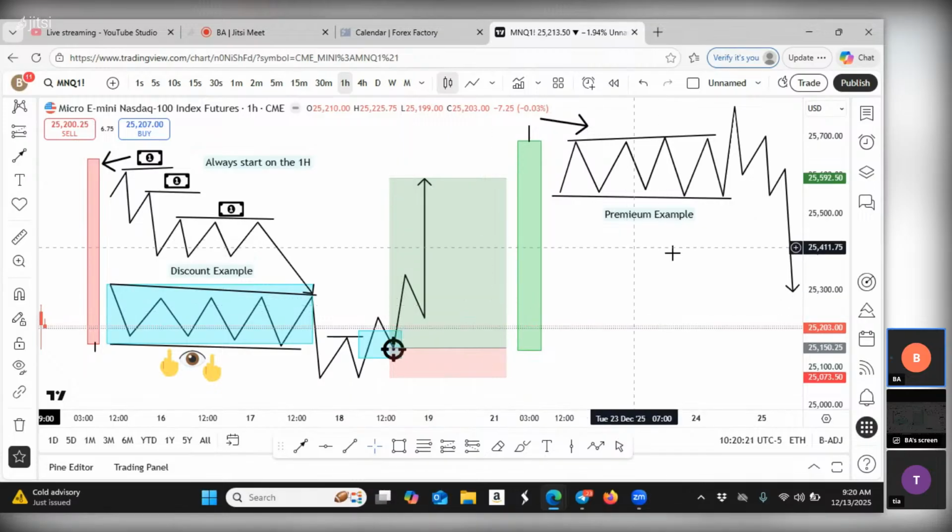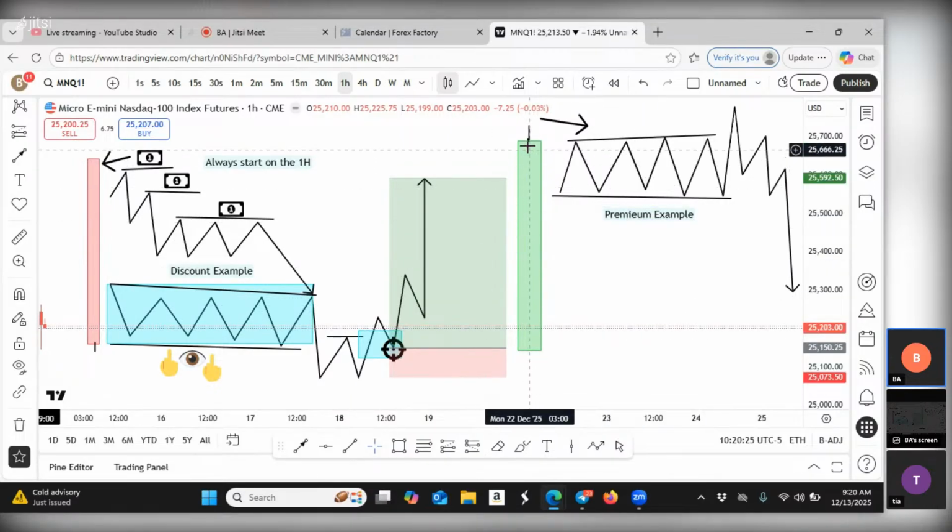All right. So say for example, it's Tuesday now. We bought up from right here. Now we're back on the 1 hour. It's a new day. So if you know price is at a premium, and you bought yesterday on Monday, on Tuesday it's at a premium on the 1 hour, and you go drop down.